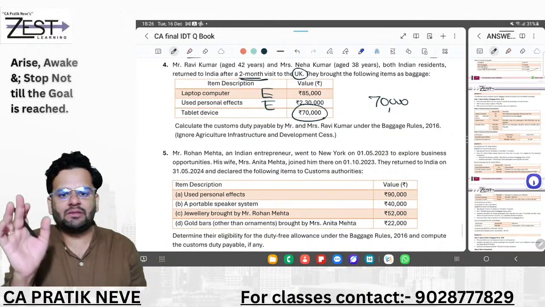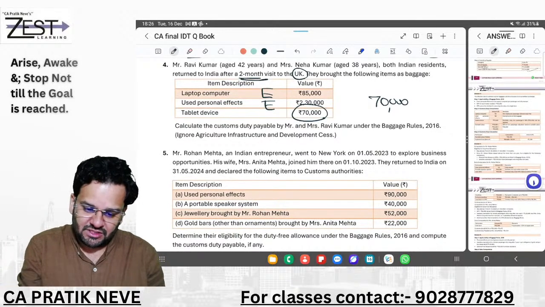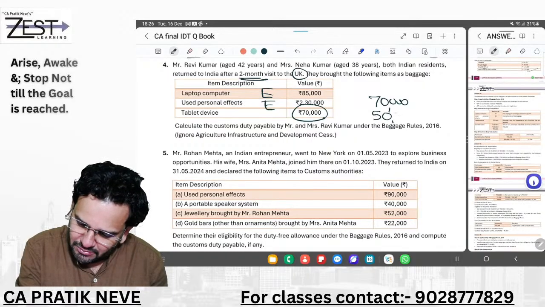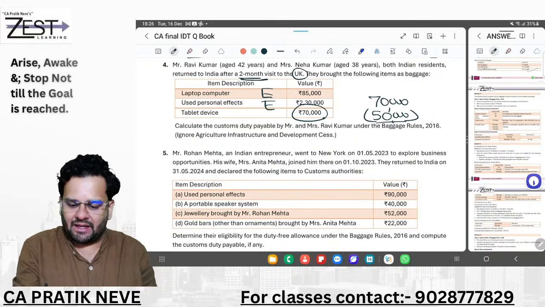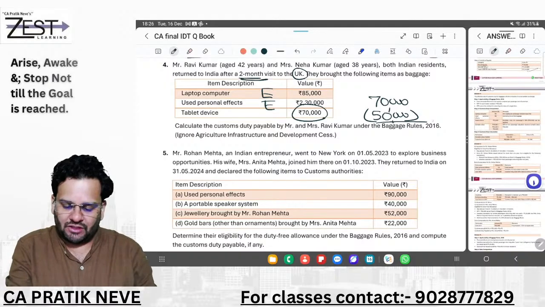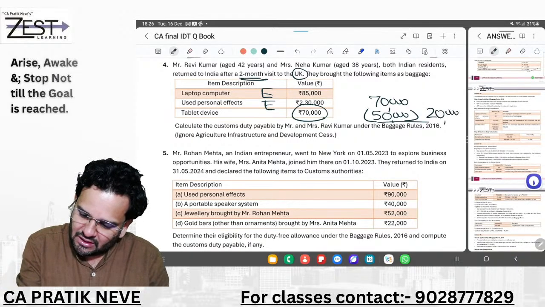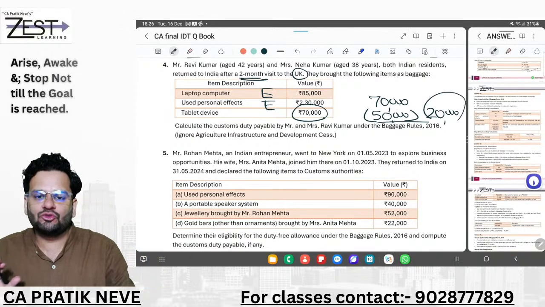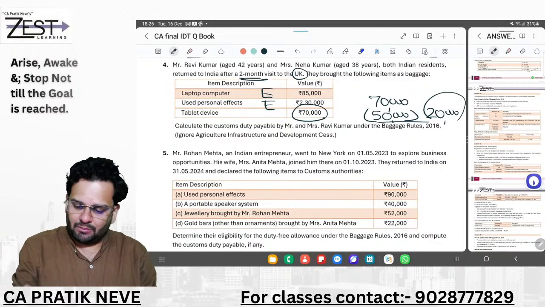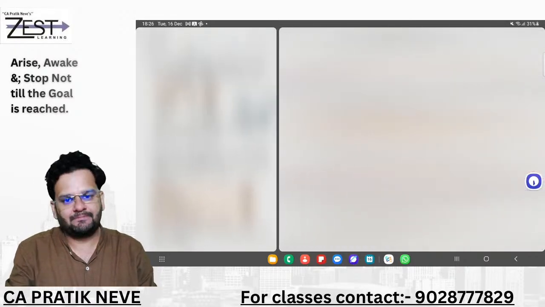So if it is shown in the baggage of say Mr. Ravi Kumar or Mrs. Ravi Kumar, any one person's baggage, they will get a GFA of 50,000. Taxable will be 20,000. On 20,000, there will be duty at 38.5%.